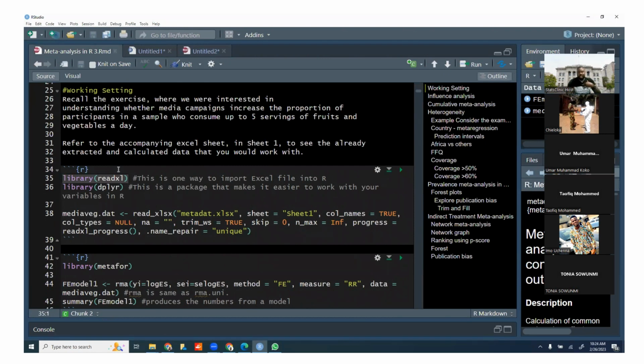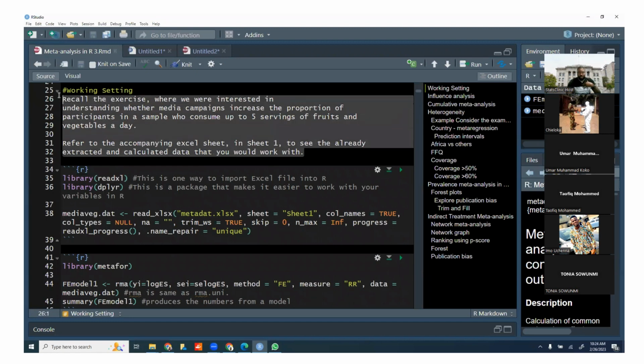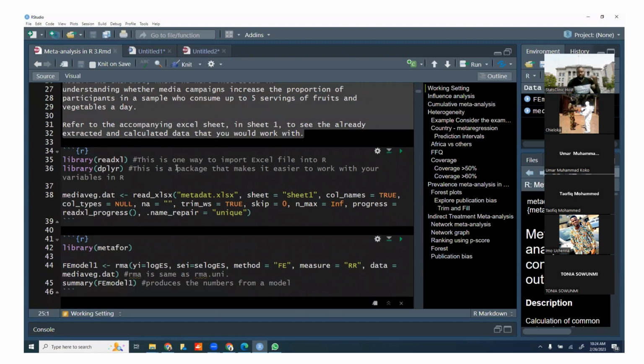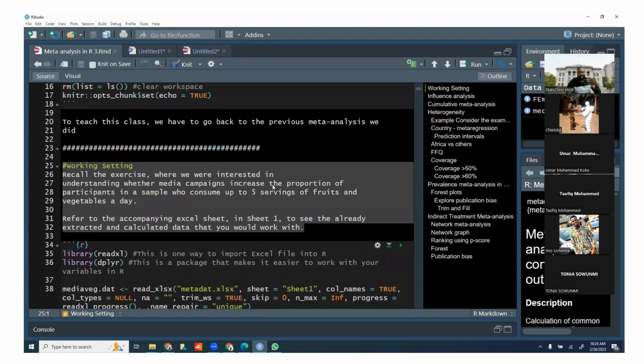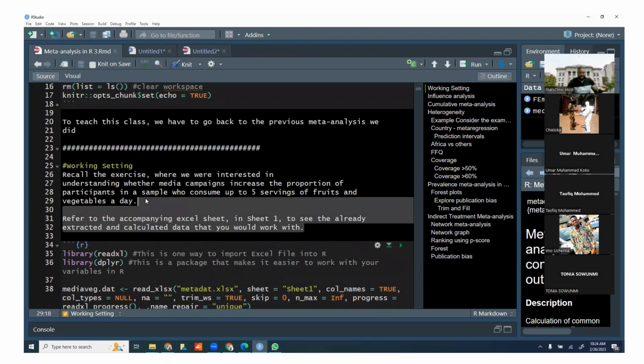Good thing we have annotated this code as much as possible to just explain what is going on in the code. A lot of people might not. So many people write code and they don't annotate it like this. So when you write your own code, you should make it a habit to annotate and to add outlines that make it easy for you to go back and forth.